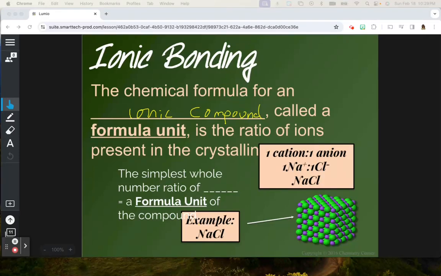So here, for instance, there's one sodium and one chloride, so the formula unit for this would be NaCl.